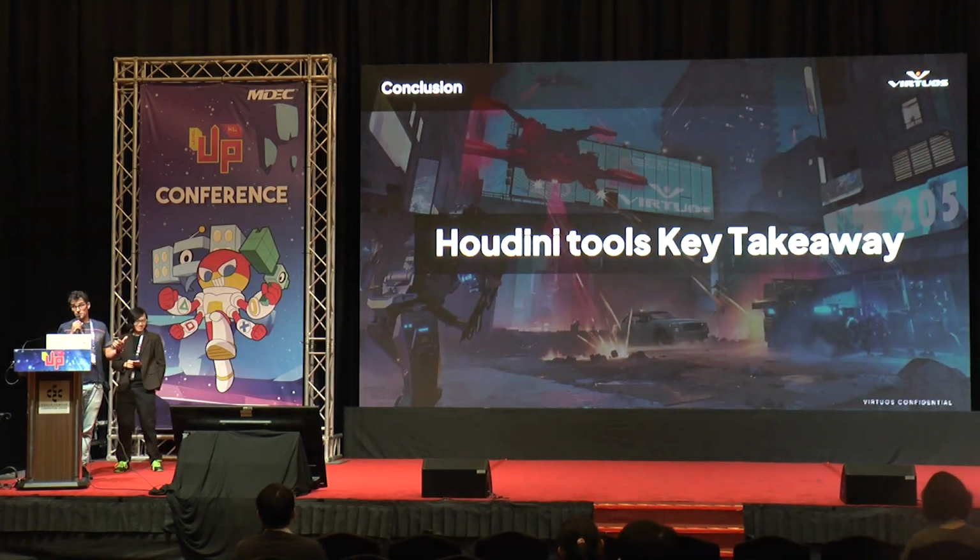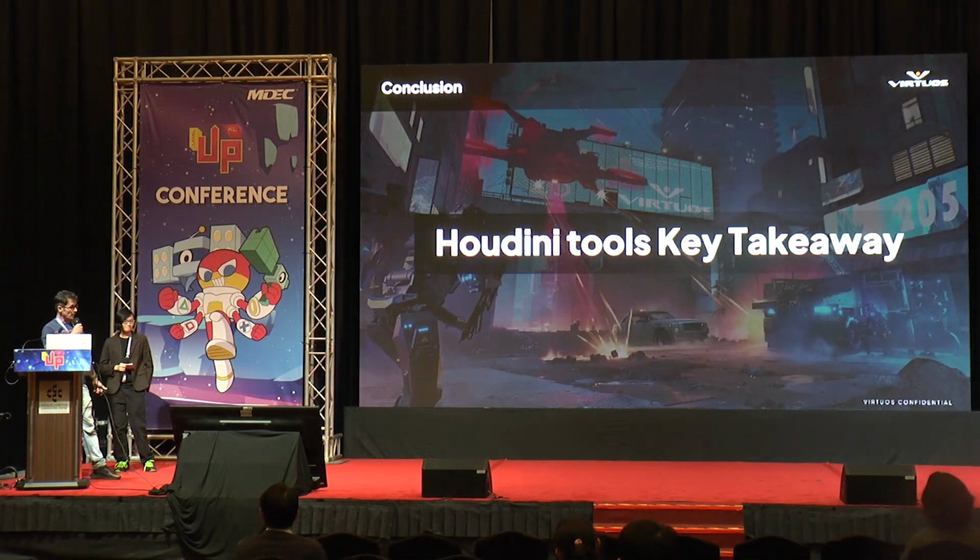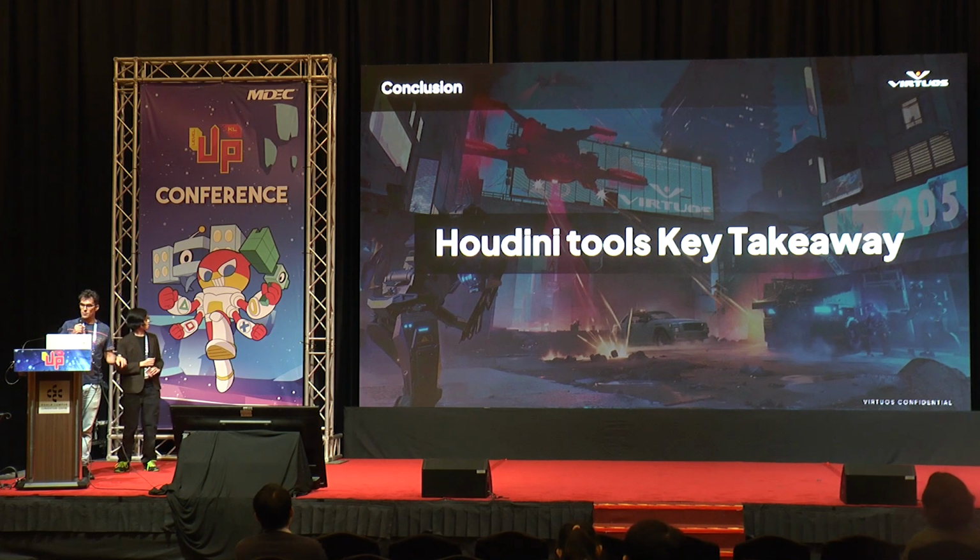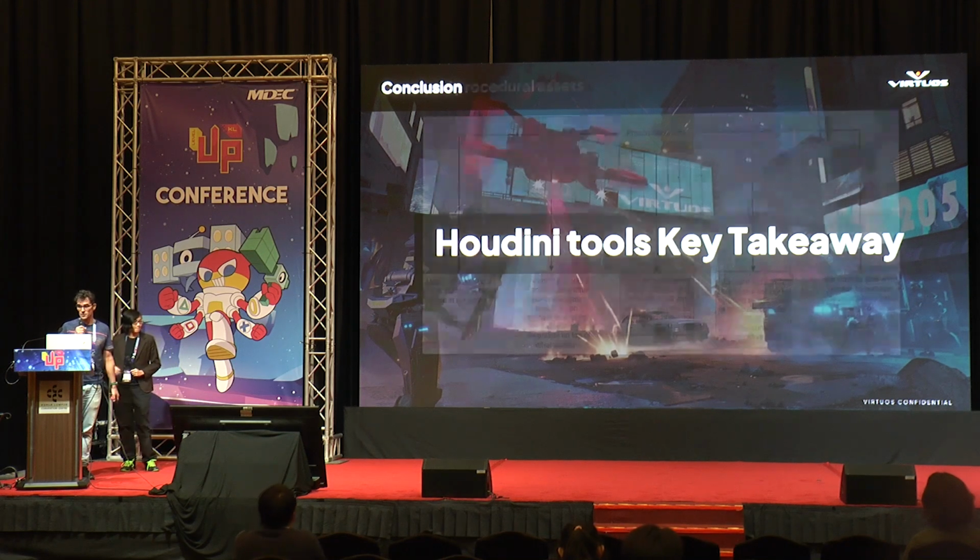So let's talk also about the Houdini tool key takeaway. So we did a bit of a walk around of the different procedural solutions. And I would like to sum up with you the key takeaway about using Houdini in production.